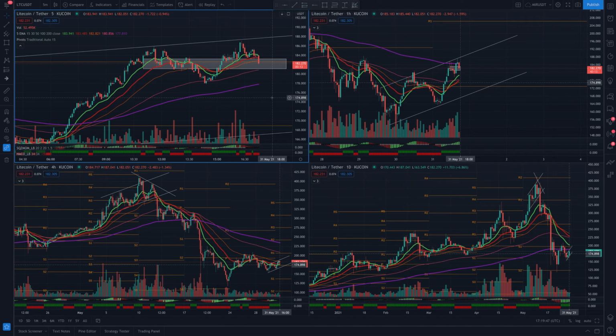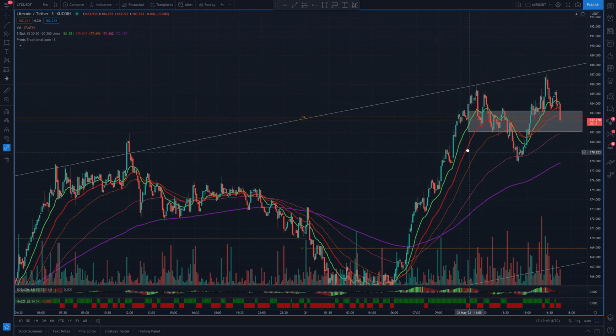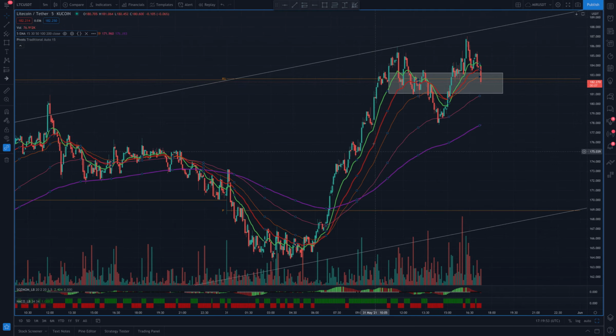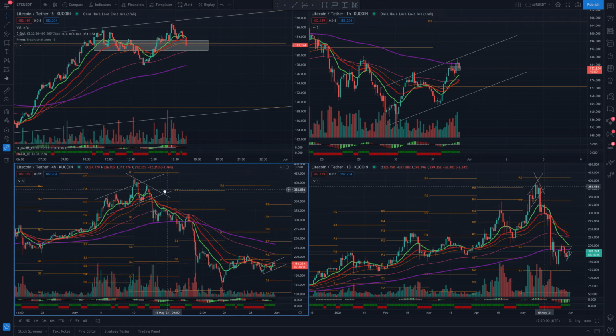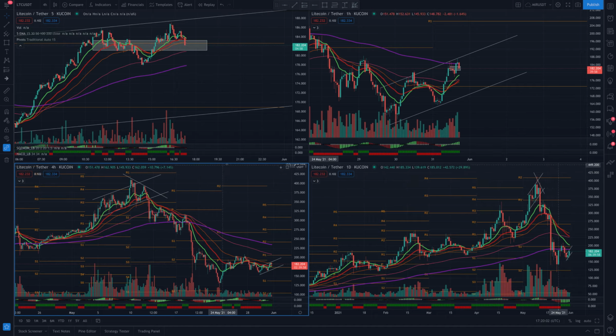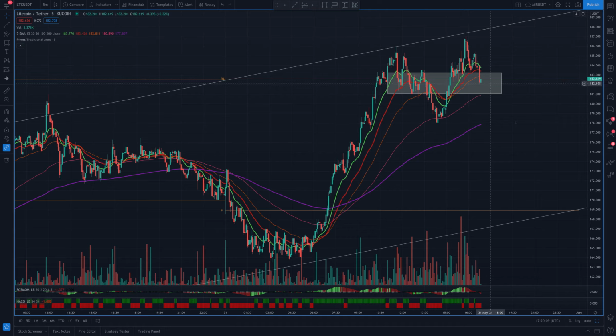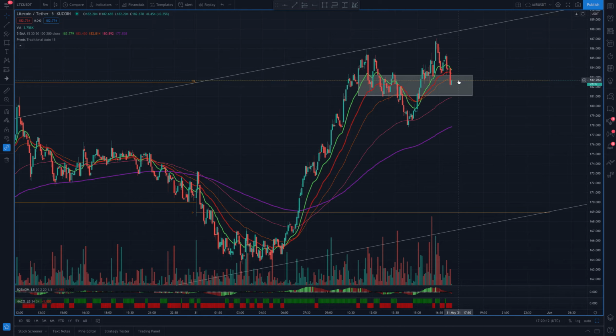Right, back to the 5-minute chart. Where did I see it just now? Yeah, probably 5 minutes. As you can see, there's a rejection starting at this point right here.